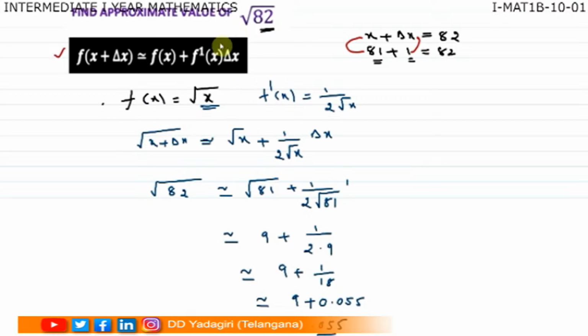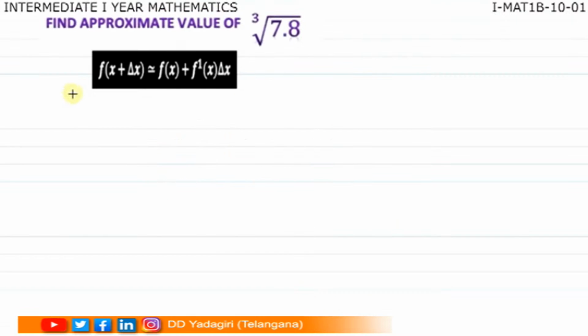Now, find the approximate value of the cube root of 7.8. This is the next question. The function assumption: y is equal to the cube root of some value that you take as x here. Now x plus delta x is equal to 7.8.